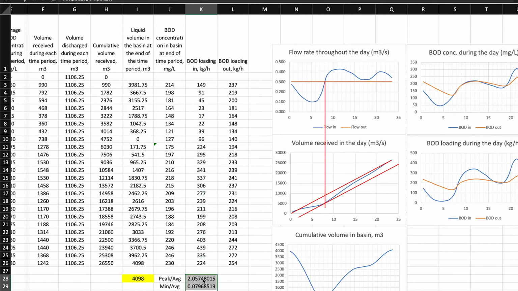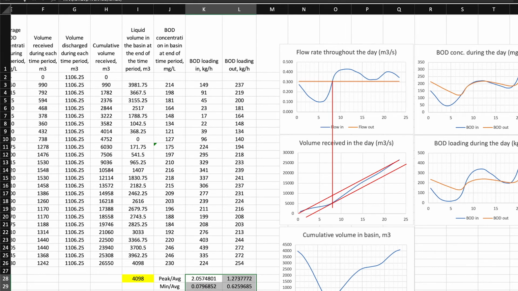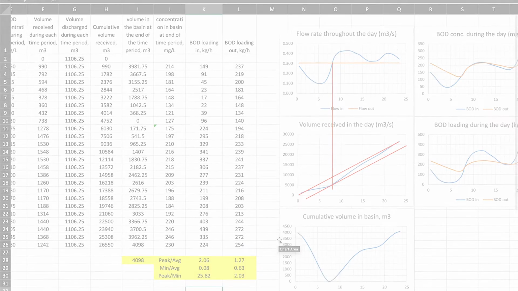Right, and by just copying that over, we can see that the ratios here have drastically improved. So the peak to average ratio is much lower than it was before. The minimum to average ratio is much closer to 1 than it was before. And the peak to minimum ratio is much, much lower.